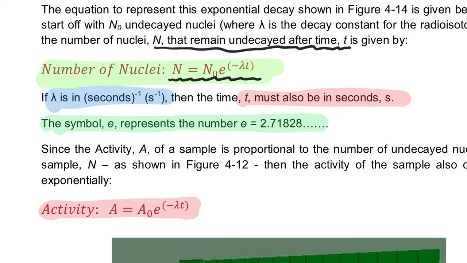So we could explicitly write it as follows: n is a function of t, so that's the number of undecayed nuclei in the system of radioactive nuclei at a particular point t, equals the number of undecayed nuclei initially multiplied by the natural base e to the minus lambda, which is the decay constant, multiplied by t.